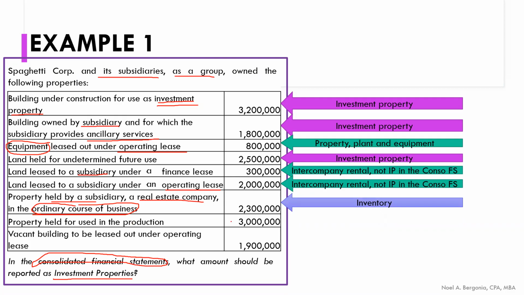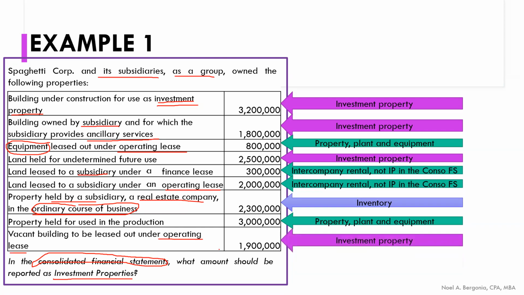So kung production yung purpose niya, then it should be property, plant, and equipment. And lastly, no, a vacant building leased out under an operating lease. So hindi naman po sinabi na it was leased out to the subsidiaries or to the parent. Okay, so it may pertain to others, no. So this will be classified as an investment property.